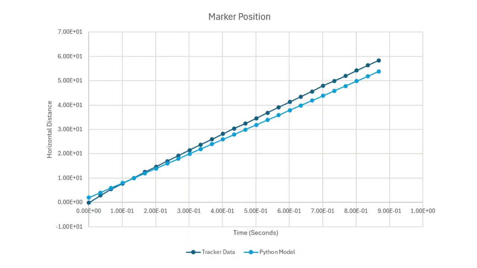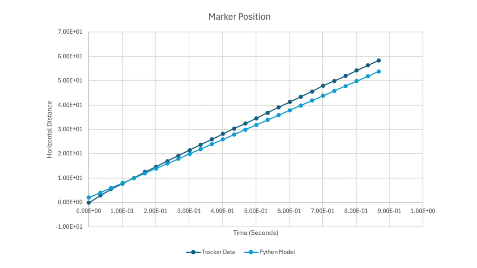This is the graph combining the VPython GlowScript model and the Tracker data. You can see in the light blue is the Python model, and it starts slightly above and goes slightly below the Tracker data of what we actually observed.